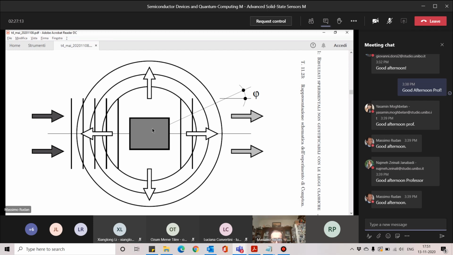And of course, they will be forced to oscillate with the same frequency of the radiation. But, as you remember, electrons are charged. So you have a set of charged particles that are oscillating, so they are subjected to accelerations, and they will emit radiation.